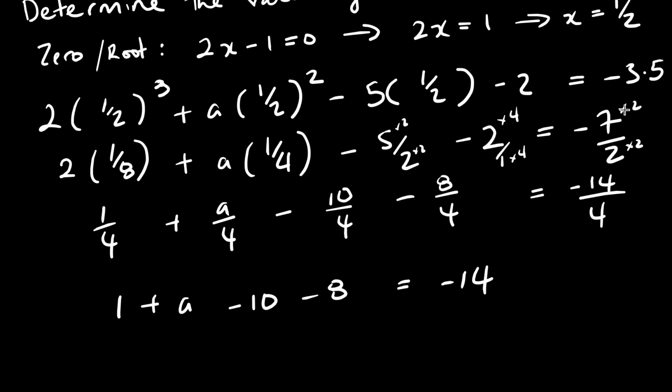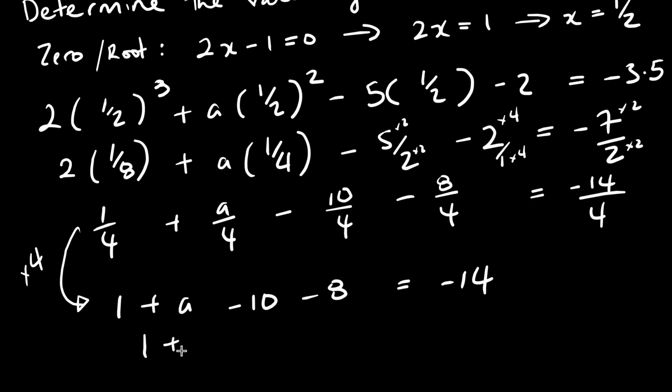Now, if we wanted to get technical, apart from saying that the denominators are the same, and so we can just work with our numerators, you could technically look at this as multiplying all these fractions by 4, and in so doing, canceling out the denominator. So we end up with our whole numbers, for lack of a better term, in 1 plus a minus 10 minus 8 is equal to negative 14.